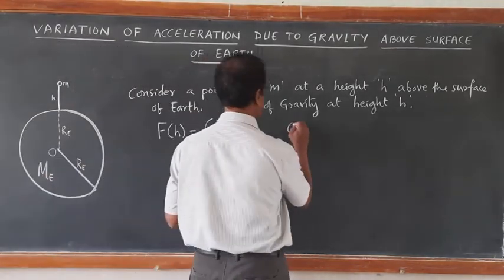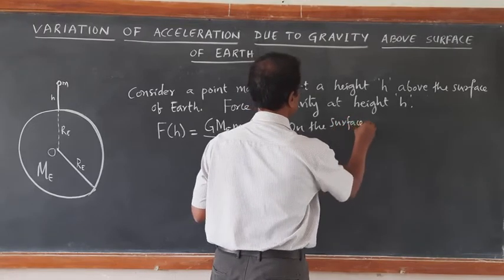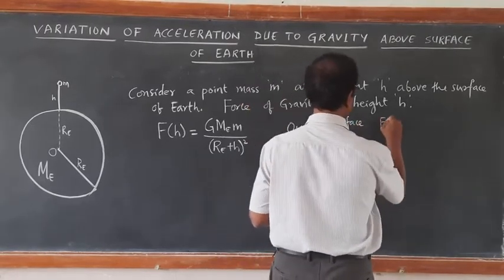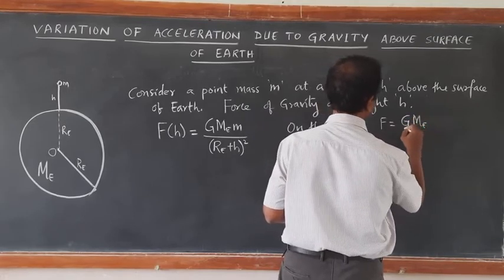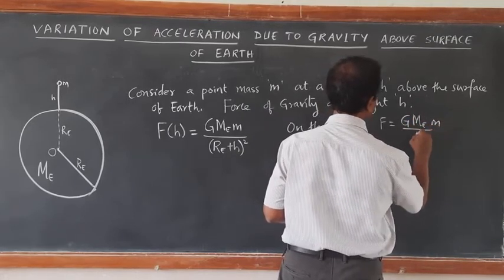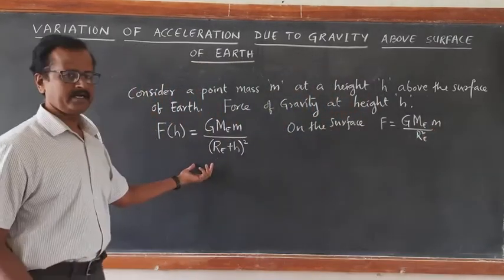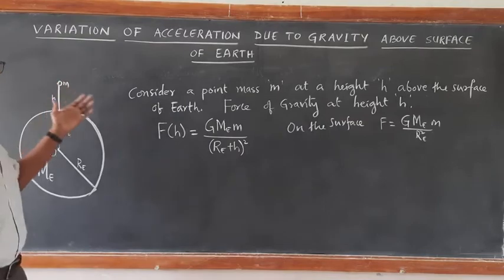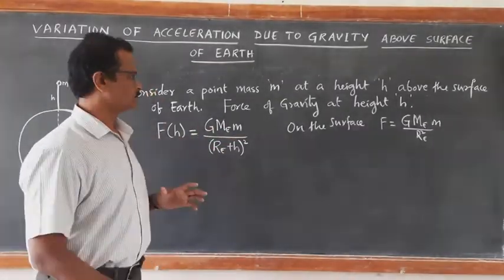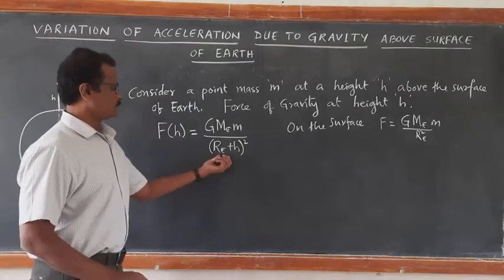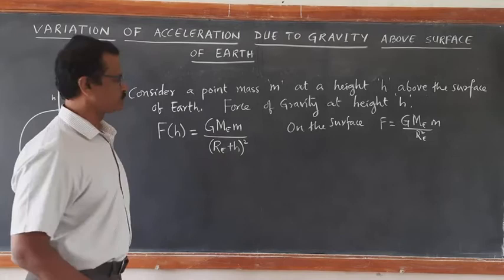On the surface we have F is equal to G Me m upon Re square. So comparing these two, definitely we say that as we go to higher and higher altitudes, the force of gravitation goes on decreasing. Okay. So that is given by Fh is inversely proportional to Re plus h whole square.